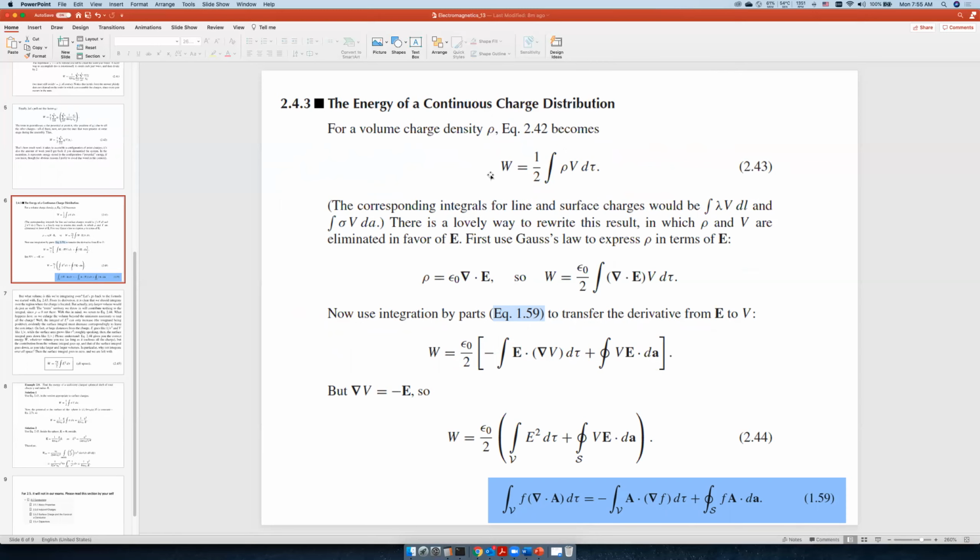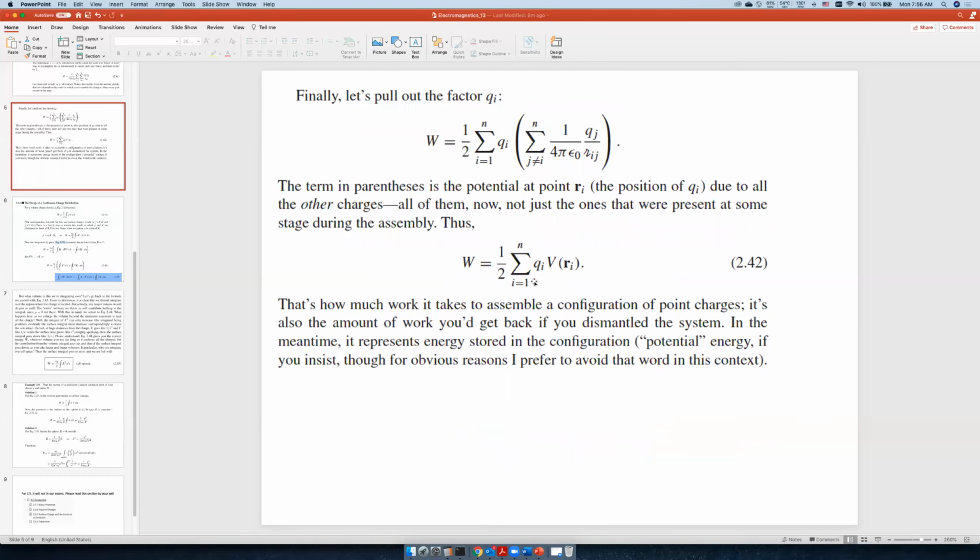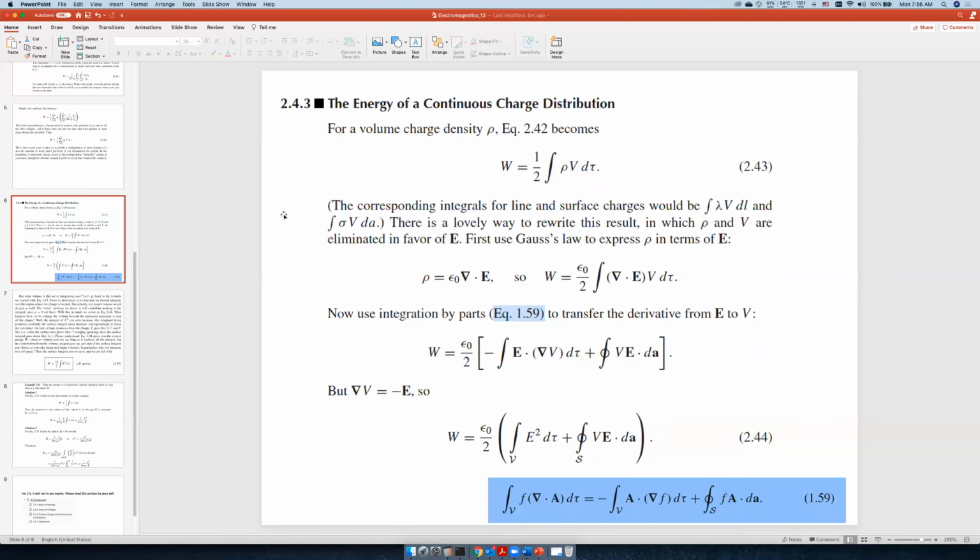Now you just need to do the integral of the charge density times V times d tau, because rho d tau is the infinitesimal charge, so charge times V, which is the same as in this equation.